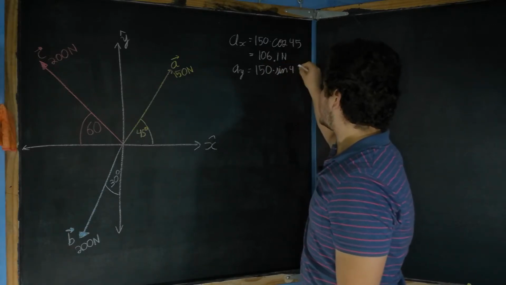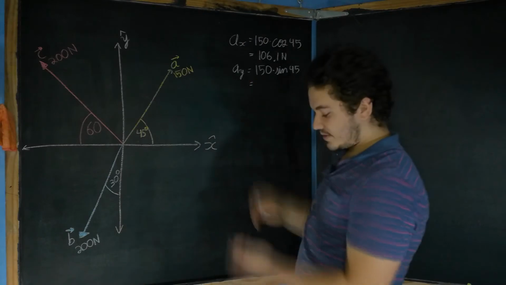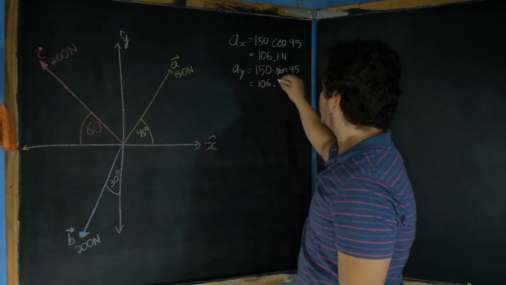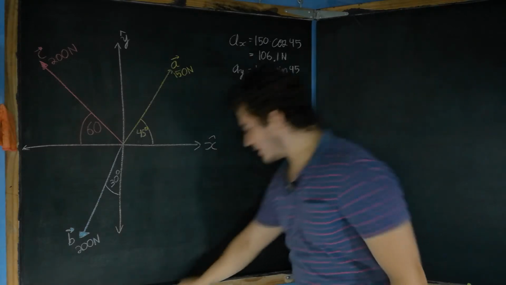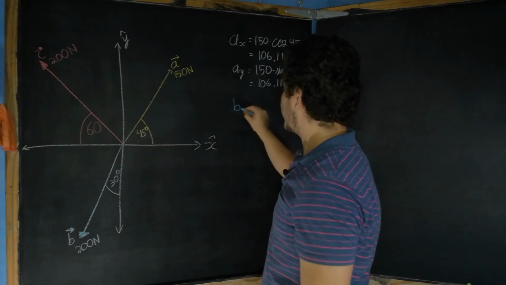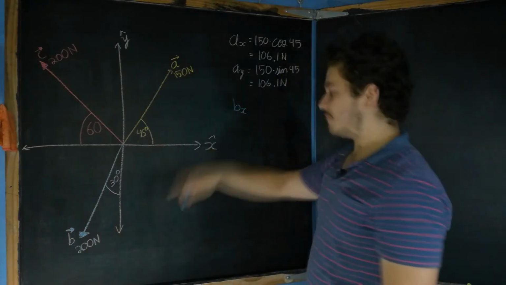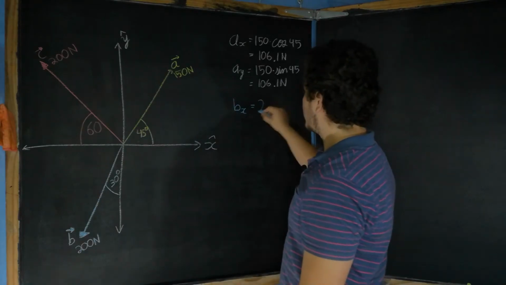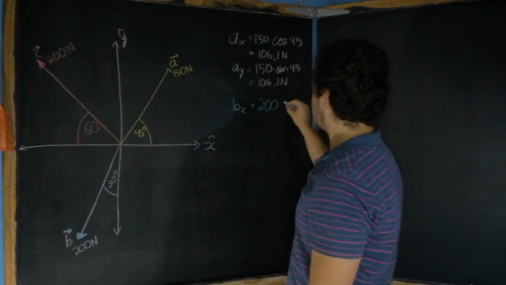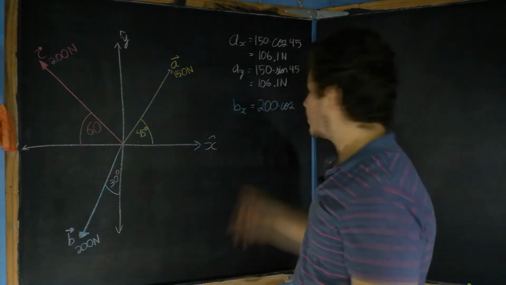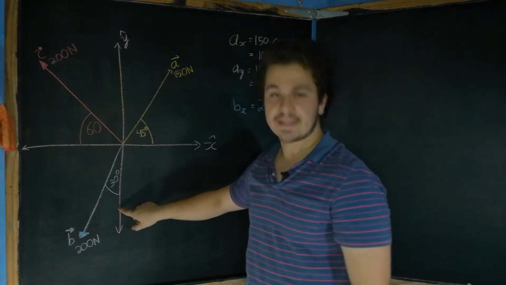of 45, okay? And this equals actually the same number, 106.1 newtons. Let's calculate for the vector b. Okay, let's say the component x of the b vector would be equal to 200 times cosine, but in this occasion note that we have the angle from a different axis.